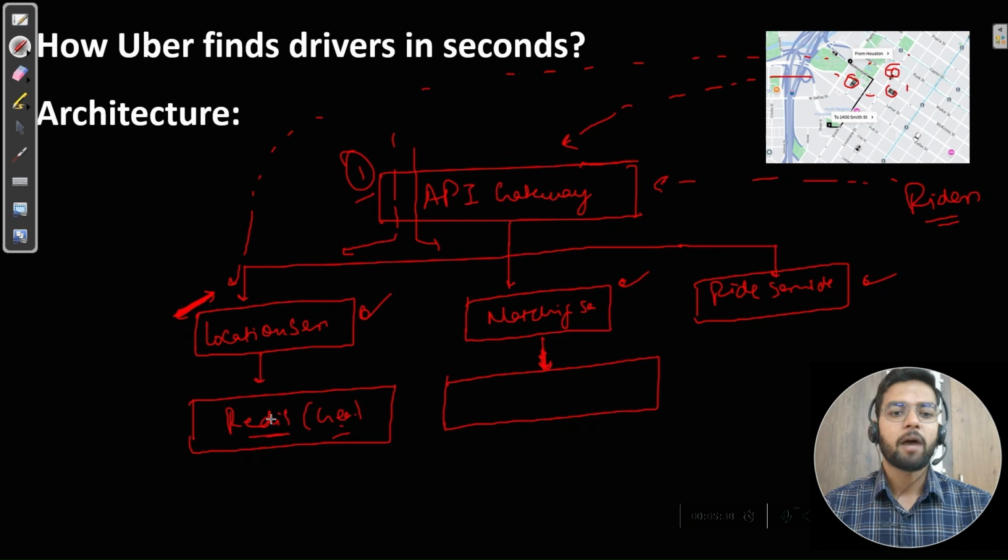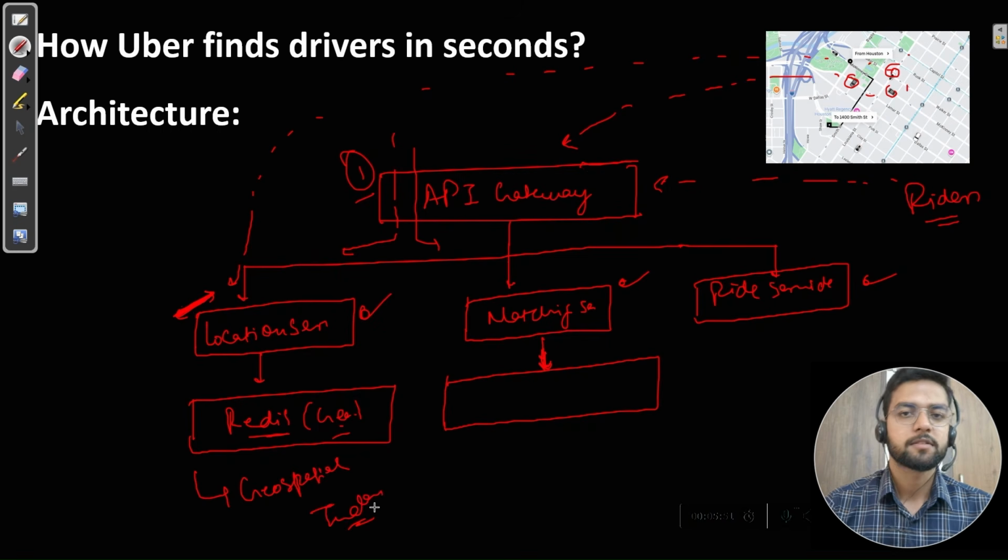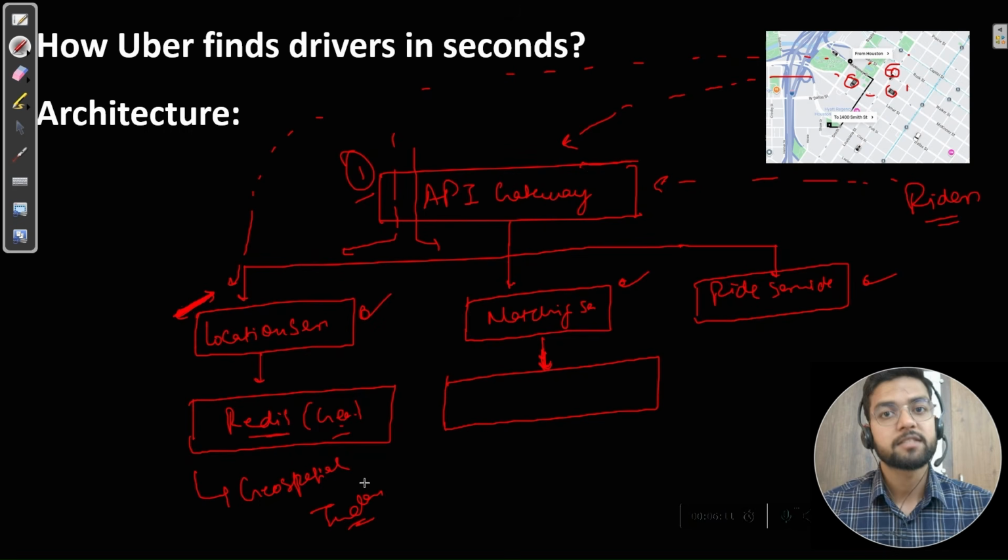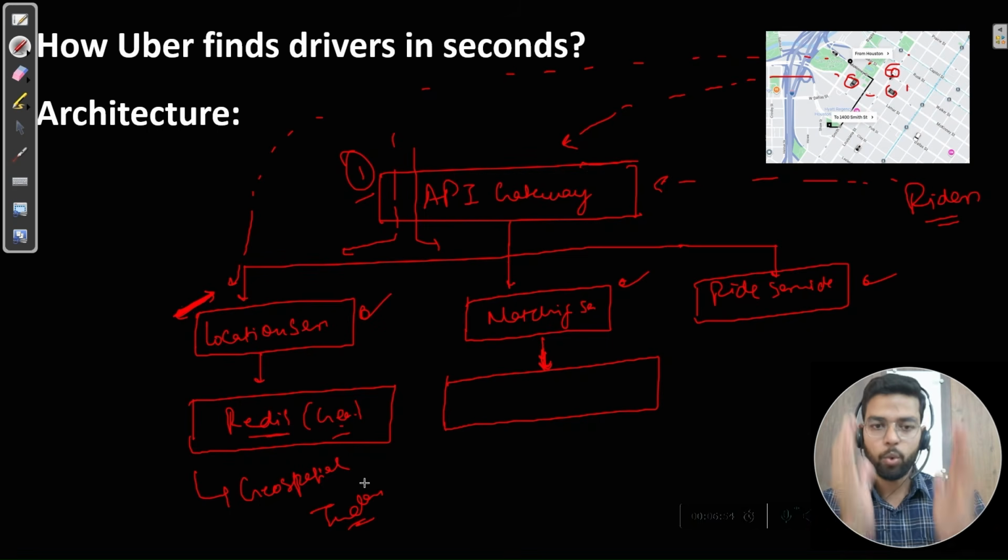Because this is my secret weapon. It has an inbuilt data structure called the geospatial index, specifically designed to store locations and find nearby points instantly. No full table scan, no complex query, just one command and you get the nearest driver in milliseconds. That is why I call it a secret weapon, and why Redis is the best.